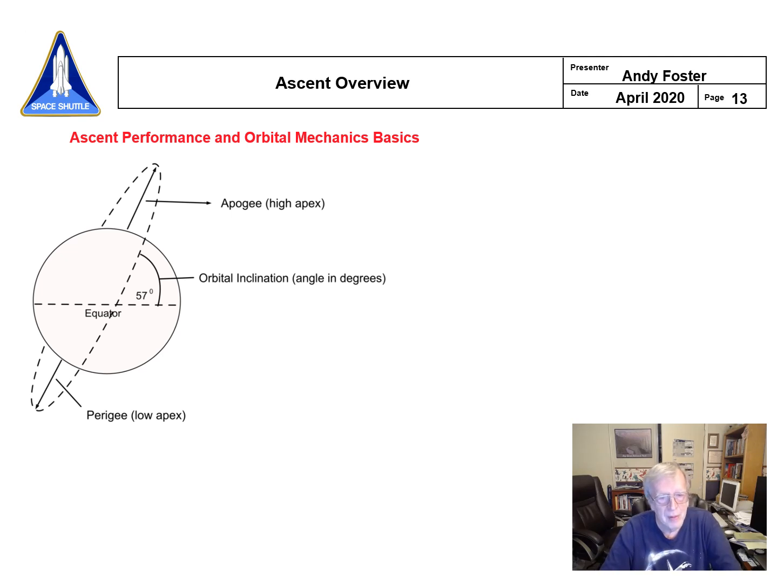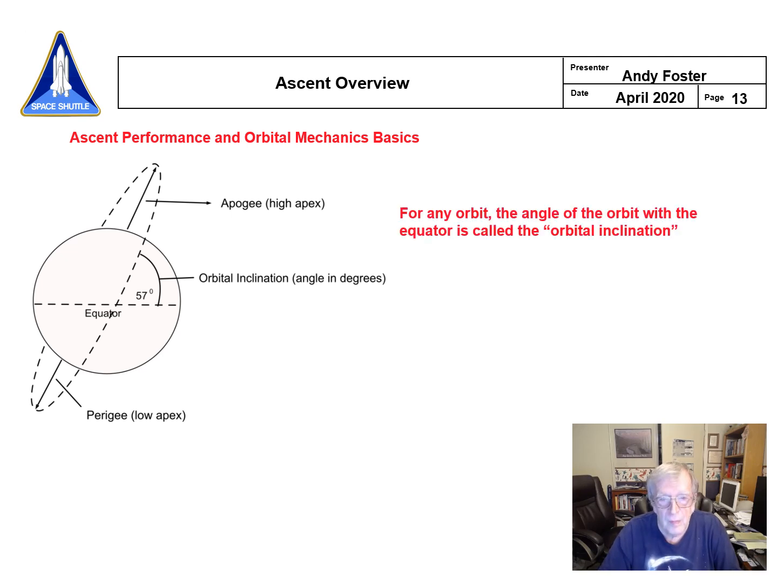Apogee at the high, perigee at the low. But there's the angle that orbit makes with the equator, called inclination. And so when we talk about these different inclinations, we're talking about the angle that the flight path makes as it crosses the equator. And that determines your position over the Earth when you're in orbit. Okay, it's measured in degrees.